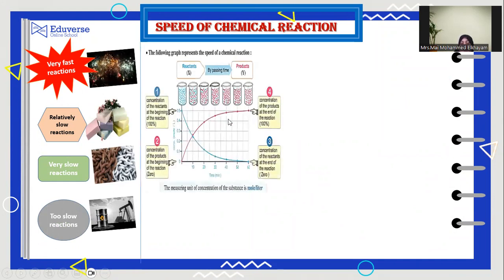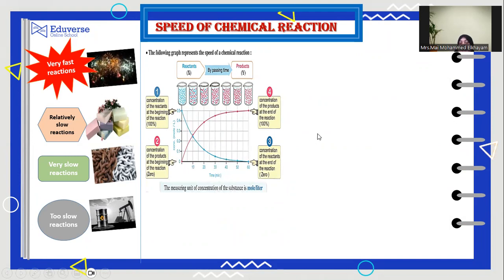Now, the speed of chemical reaction. We all know I have some reactants that will react with each other to form products. So at 0 time, please pay attention to this. Here, the measuring unit of concentration of substance is mole per liter. You're going to take this later, inshallah, in secondary stage. But let's talk about this now. What about 0 time? To answer these questions, you have to look at 0 time.